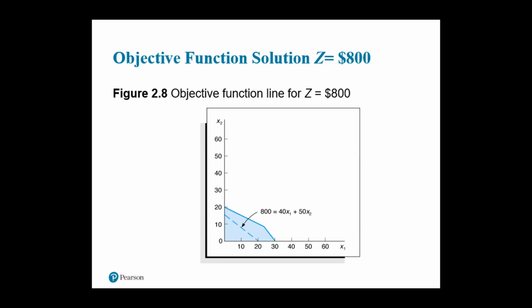Let me label the points. This is point A, point B, point C. The way it is lying, if we are taking it out of the feasible region, which of these points will it touch last?